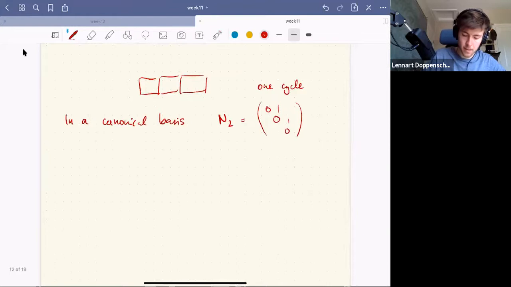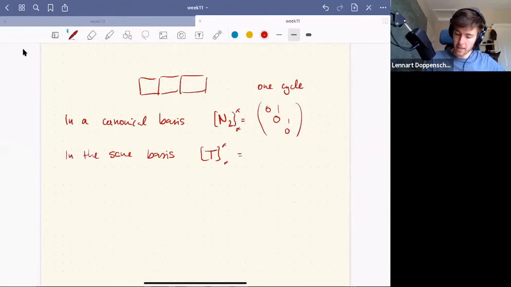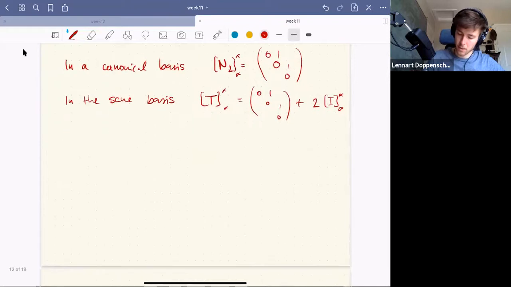So now in the same basis, t, and I should technically put these around here, we have that this is the same matrix plus lambda, the eigenvalue, plus the identity matrix in this basis. So this would be just 2, 2, 2, 1, and 1.